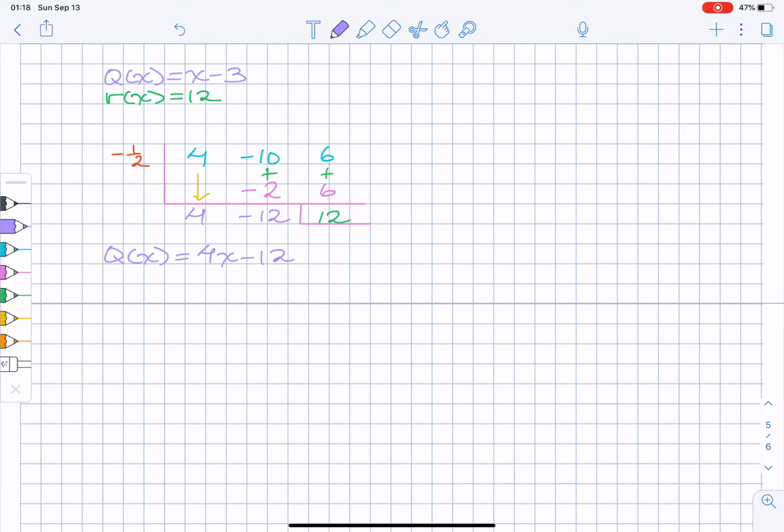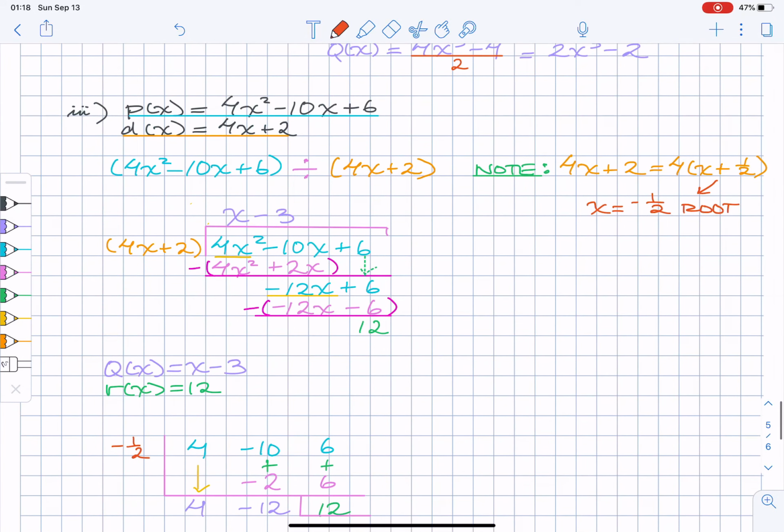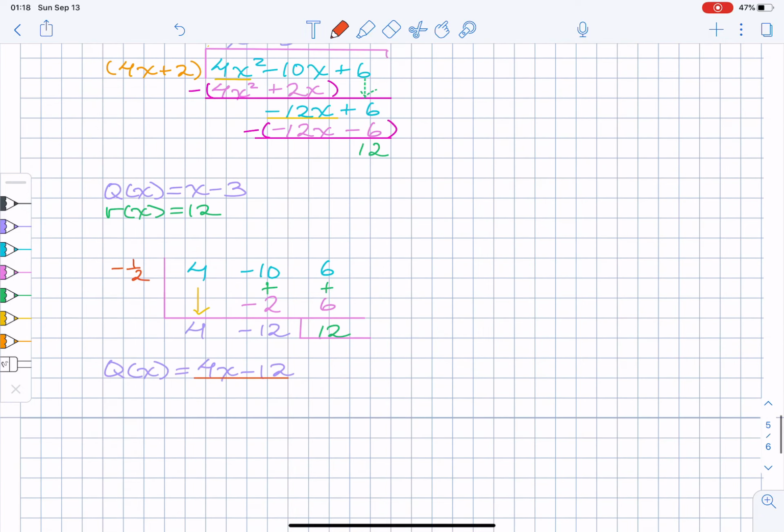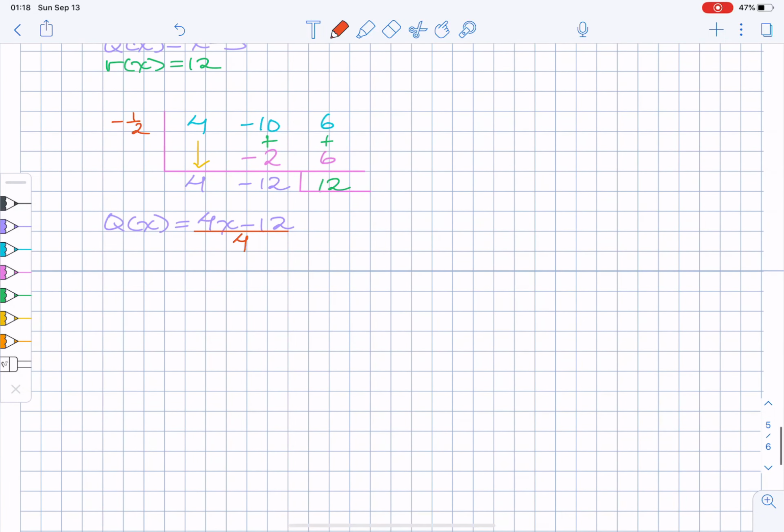But I actually need to divide it by what? Well, what else was here? What did I factor out here? I factored out a 4, so I'm really dividing by 4 and by this. So the synthetic division only took care of this second factor. I still have the 4, though. So let's go ahead and divide by 4. When I do that, I'm left with x minus 3.